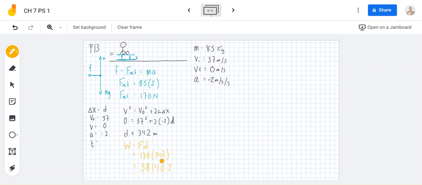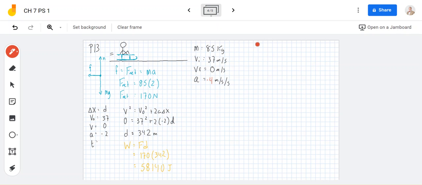Now, the next question here is, what are the force, distance, and work if they slow with a different acceleration completely? So what we're going to do here is change our acceleration to -4 meters per second squared, and we're going to see how things change.